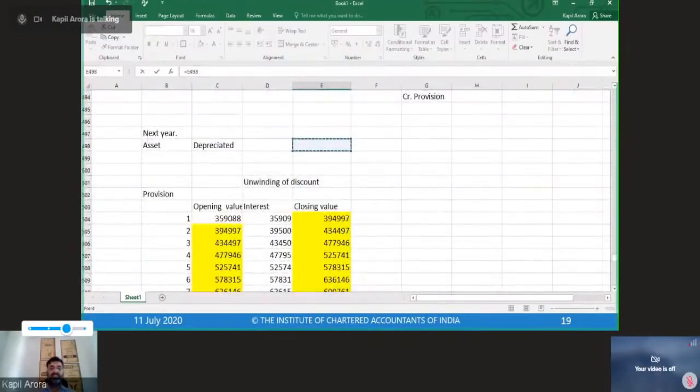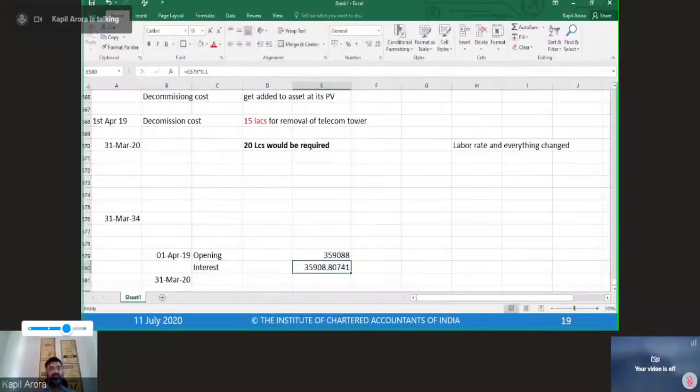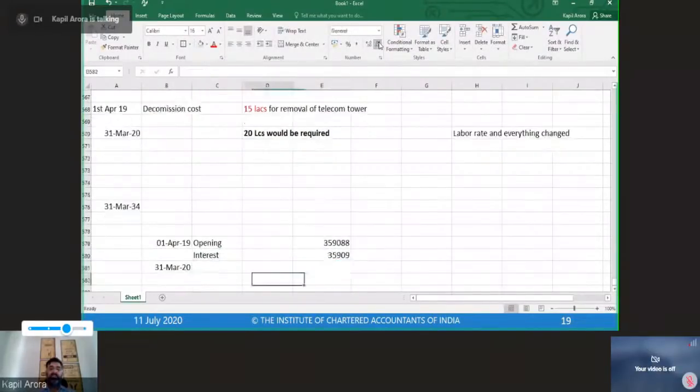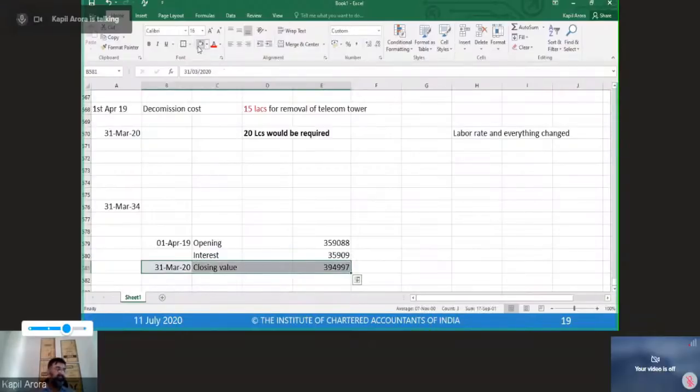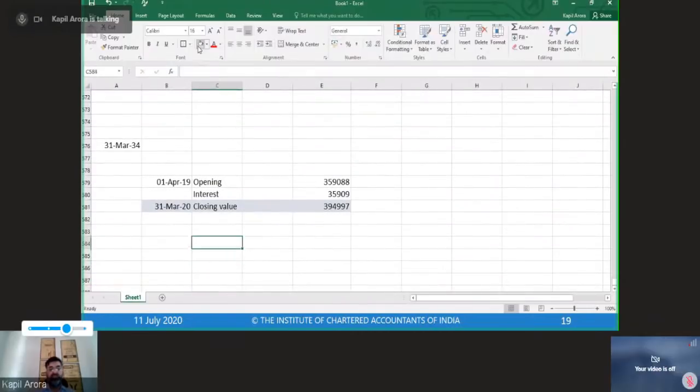Opening value was this. Then we have added interest at the rate of 10%. My closing value is this, which is opening plus interest. But now let's assume this closing value is based on 15 lakhs estimate.